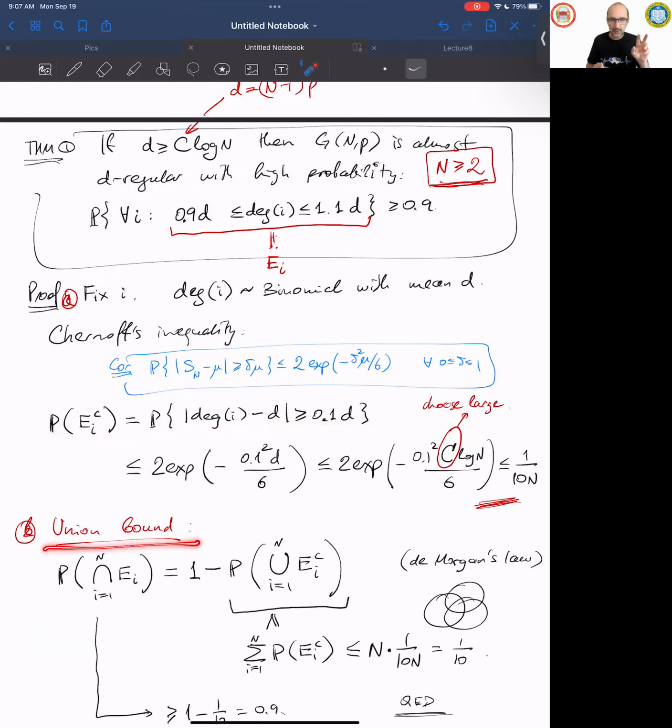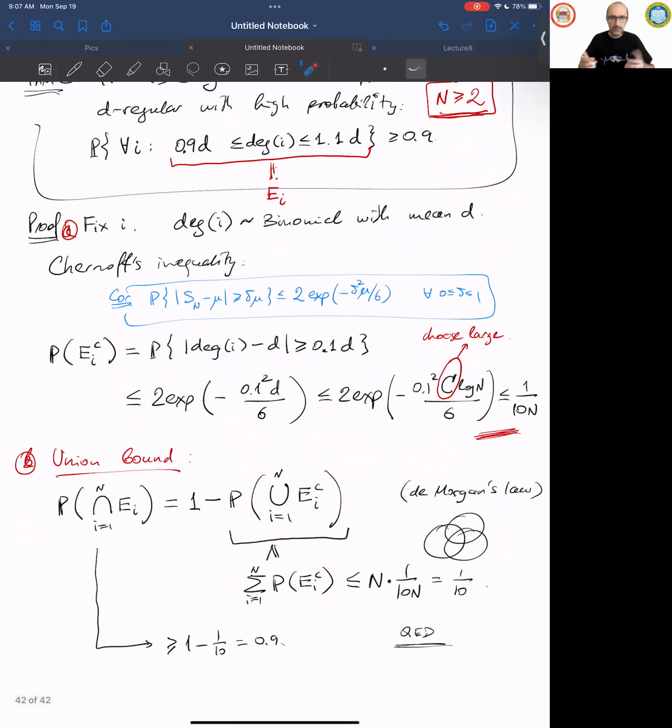Then we take the union bound. We say the concentration is so good that the probability for one person is extremely large. And then we can take the union bound, which proves this result for all people simultaneously. And that's how it will work in many results in high dimensional probability and data science generally.